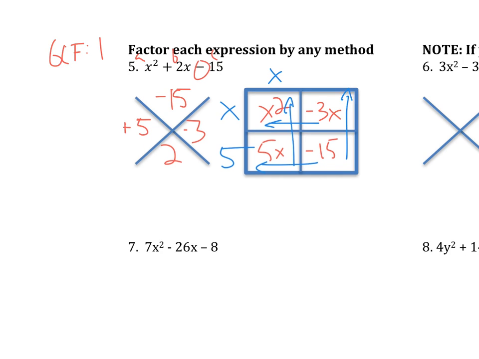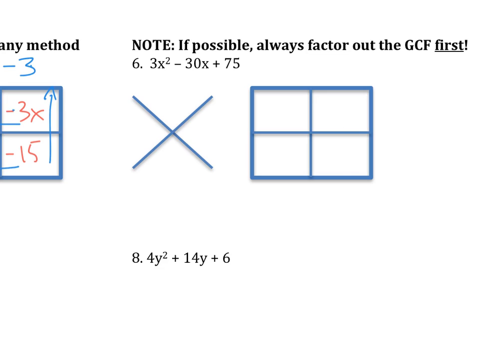And then here we get a 3. And then double check x times 3 is +3, but I need a negative. And then -3 times 5 is a -15, so that works. So then this factored out is x plus 5 and x minus 3. Okay, so let's look at 6 now.